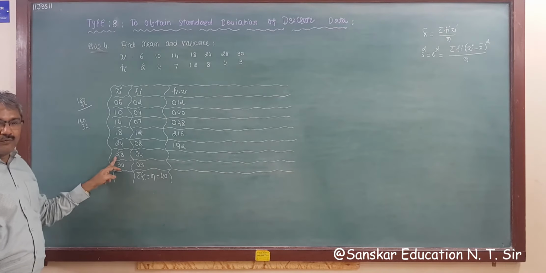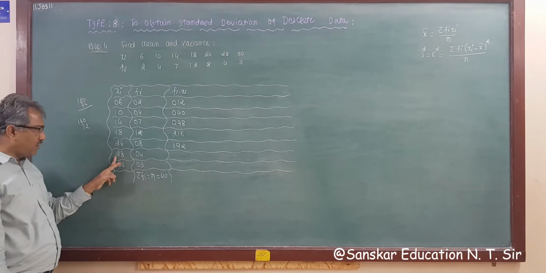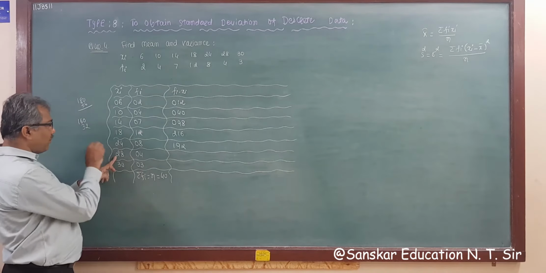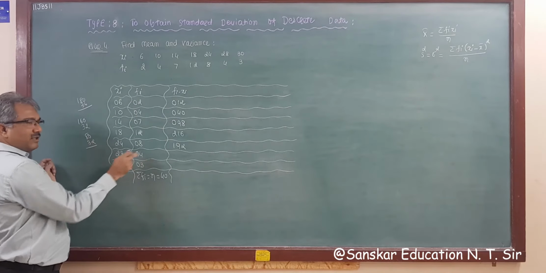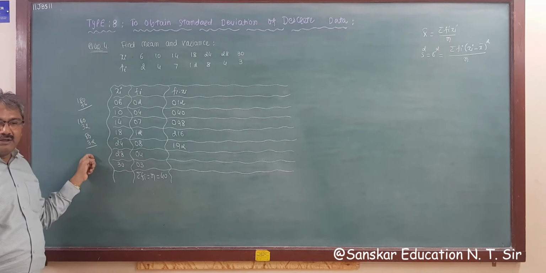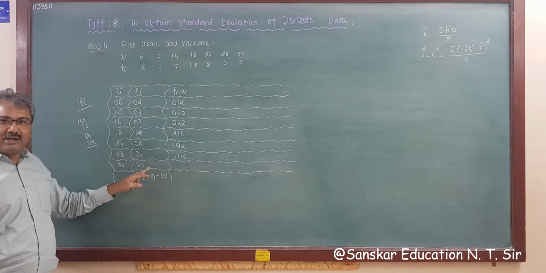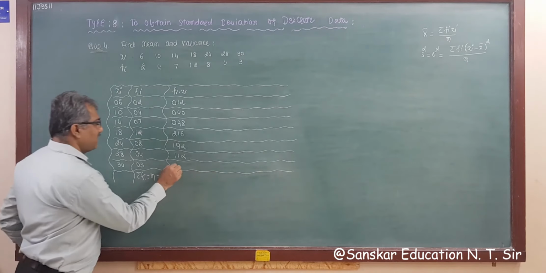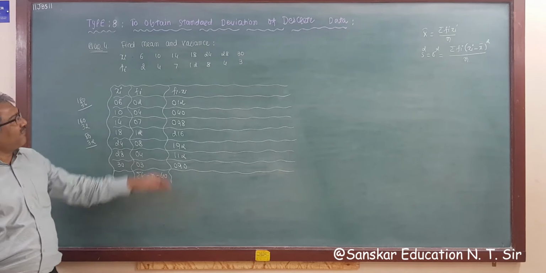Now 28 into 4, that you know how much? 20 into 4 is 80 and 8 into 4 is 32, so this is 112. And 30 into 3 is 90. So this is sigma fi xi.